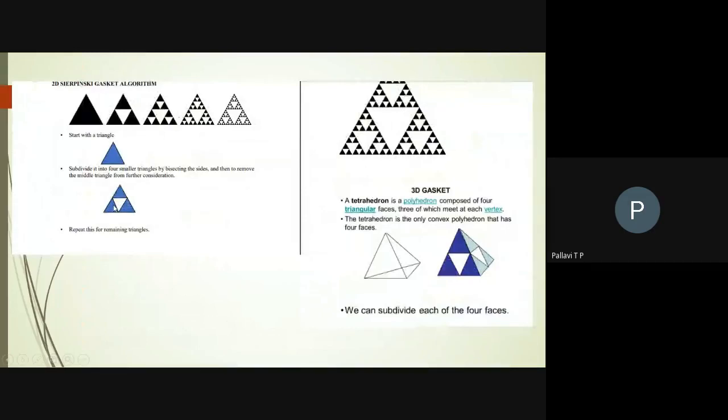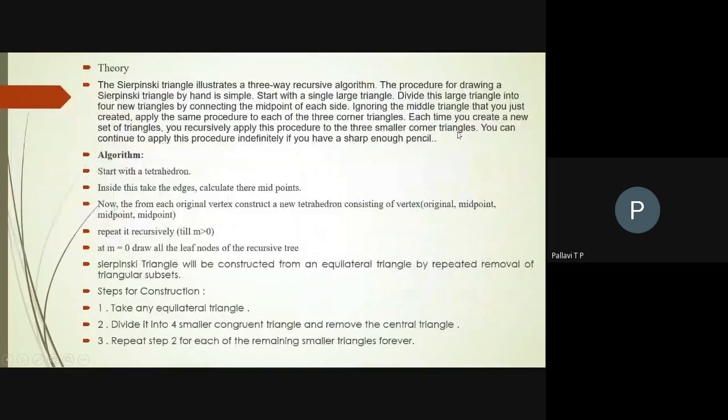For those three corner triangles, you apply the same rules: bisecting the sides, joining, and creating another four new triangles. Each time you create a new set of triangles, you recursively apply this procedure to the three smaller triangles. You can continue to apply this procedure indefinitely if you have a sharp enough pencil.